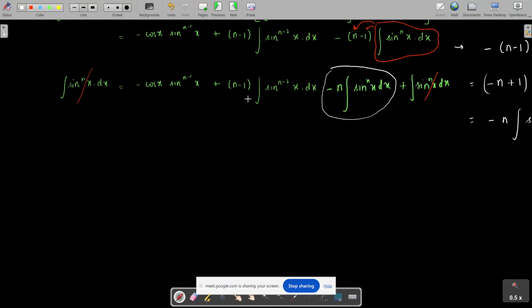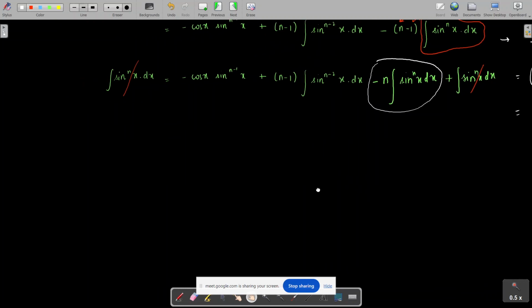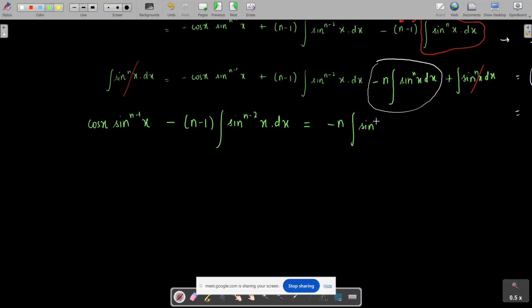And all the other terms I will bring on the left hand side. So this becomes positive cosine of x sine n minus 1x. This term also I am bringing on the left hand side. So it becomes negative n minus 1 integral of sine n minus 2x dx. And on the right hand side we are just left with negative n sine nx dx.